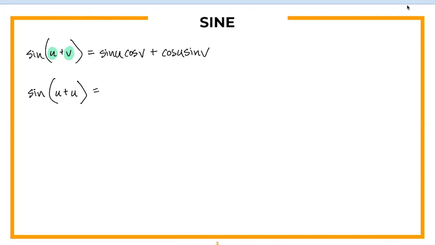But either way, if we plug this into the formula, we're going to end up with sine u cosine u plus cosine u sine u. Okay. And instead of writing sine of u plus u, we write that as sine of 2u. That's where that double angle name comes from. It's twice of a given angle, or double of that given angle.